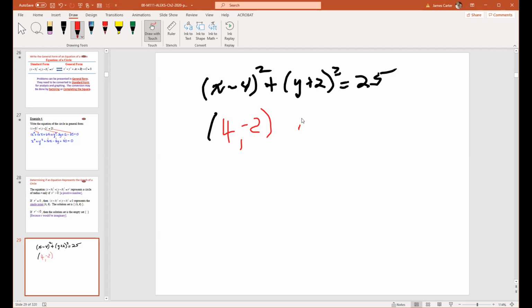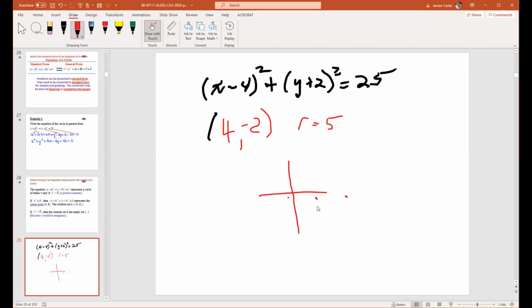Now, what about my radius? Well, I have to take the square root of that. So the radius in this case is 5. Graphing. Over here is about 4. Here's about negative 2. I go over 5, I go over 5 this way.